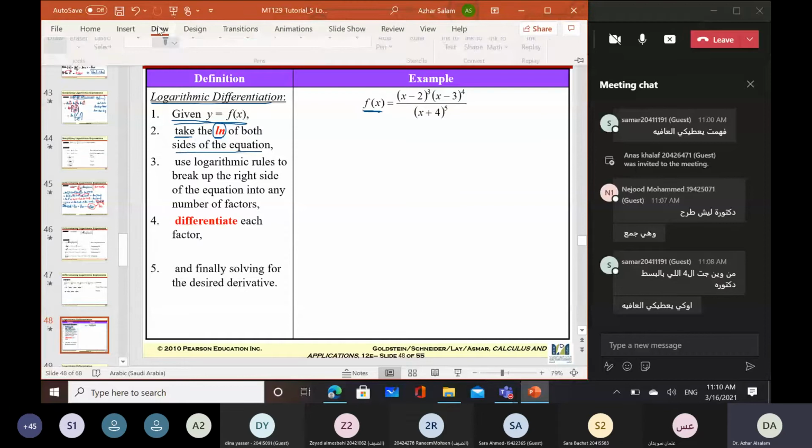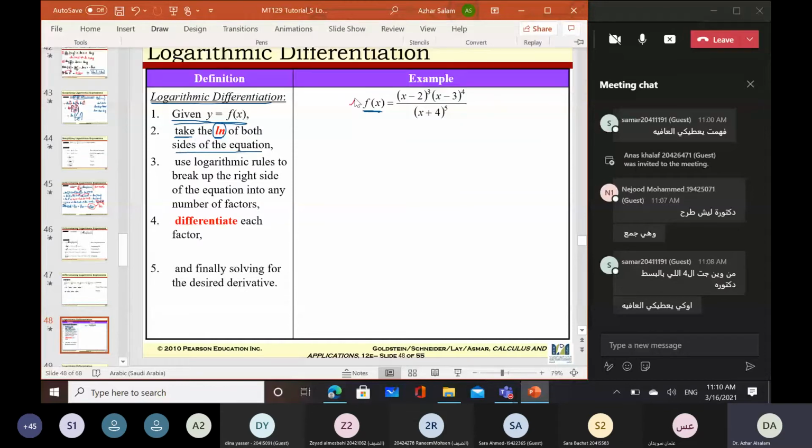So here I will take ln of the first side equals ln of the second side. When I see a somewhat complicated function like this, the first step is to use logarithmic differentiation: before I differentiate, take the natural logarithm of both sides. So ln of f equals ln of this quotient.